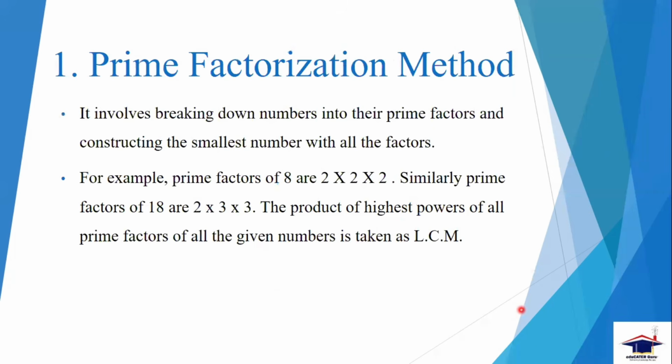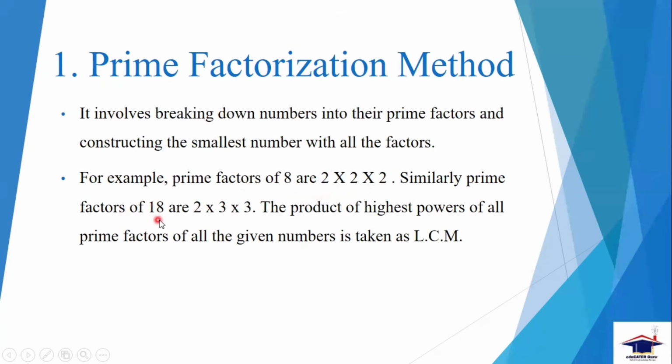So, the prime factorization method. In this, we break down the numbers into their prime factors by constructing the smallest number with all the factors. For example, the prime factors of 8 are 2 into 2 into 2. 2 2s are 4, 4 2s are 8.